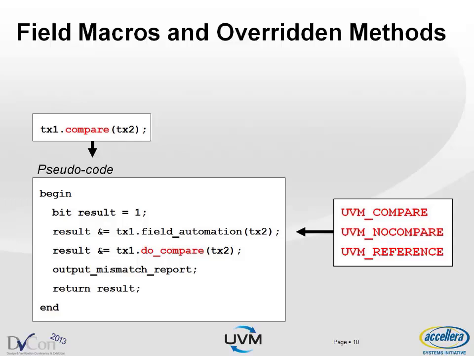So we're actually overlaying these two sets of behaviors, the built-in behavior and the user-defined behavior. Then it prints out the mismatch report. So here in do_compare_field, we're building up a mismatch report, which then gets printed out at the end by this output mismatch report call. If you run this, you'll find you don't get all the mismatches, you just get the first one. It prints out the first mismatch.